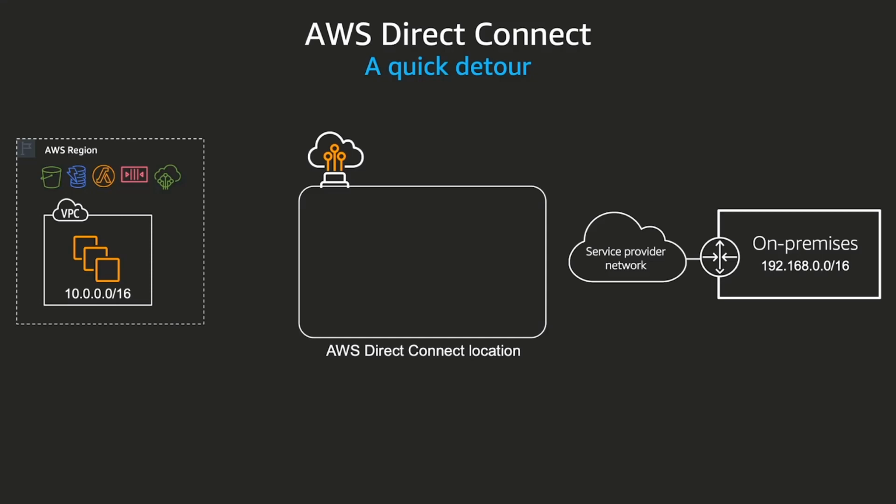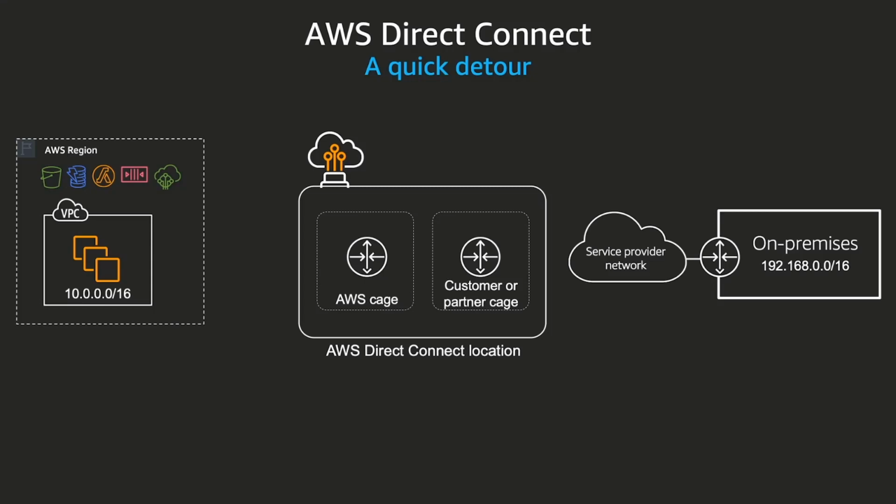So a Direct Connect location is where we've deployed points of presence. So routers at a physical location that you can plug a fiber into. So we've got our AWS cage, which is in the Direct Connect location. We've got our routers inside the AWS cage. We've then got either a customer device that you deploy, so something that can be used to terminate the Direct Connect from AWS, or you could use a partner.